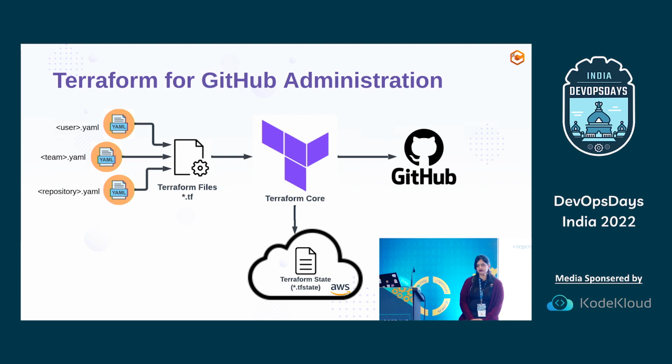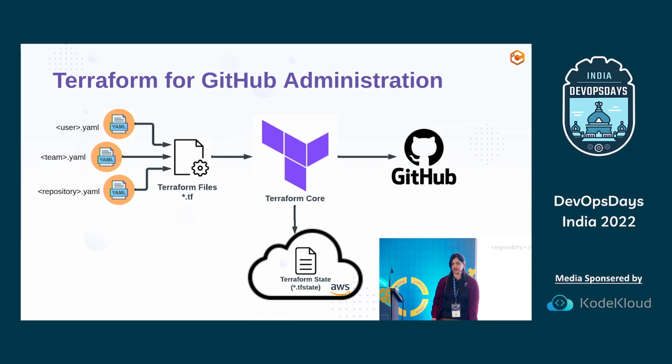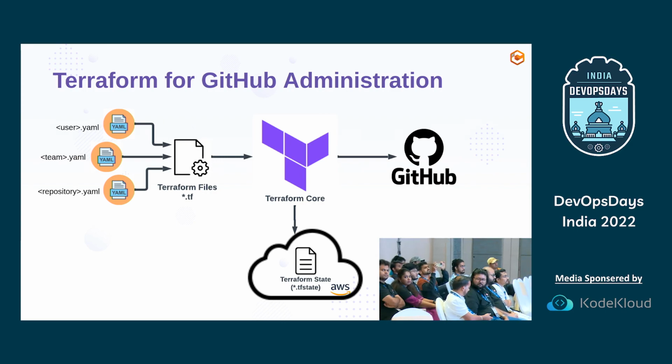So while we have seen all the challenges of using GitHub in a traditional way, I would share with you that Terraform can come to the rescue. So you all must be wondering how Terraform can rescue this. Yeah, Terraform can do it.